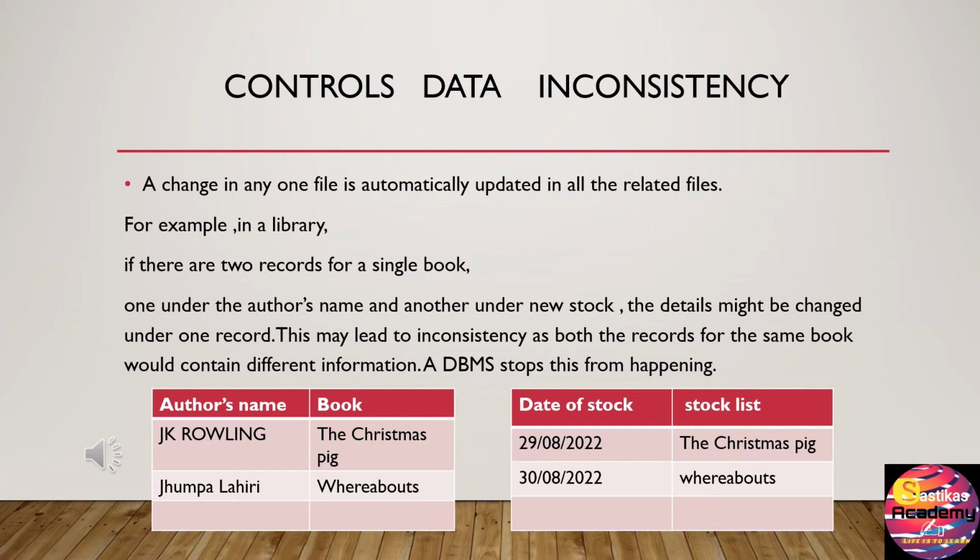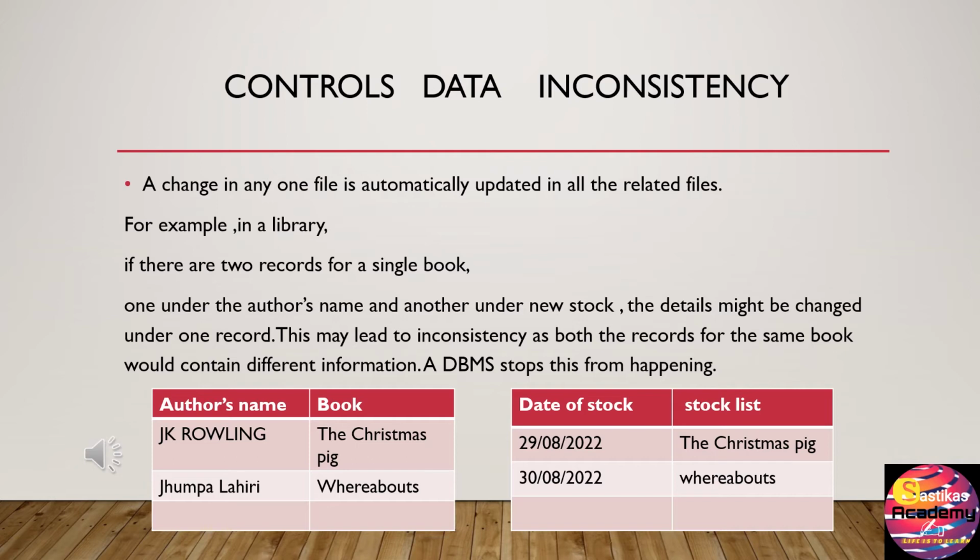If you are maintaining some records of author's name and book, and there are changes in the book name or the author's name is wrongly mentioned, or consider the date of stock or stock list. If the Christmas Pick stock is not available, it means we deleted the Christmas Pick, so in that author's name and book, that is also deleted.